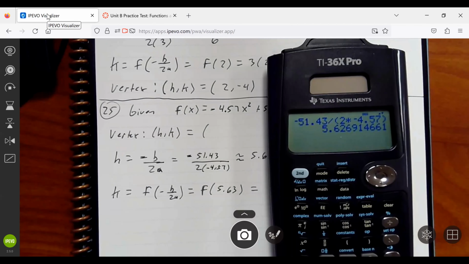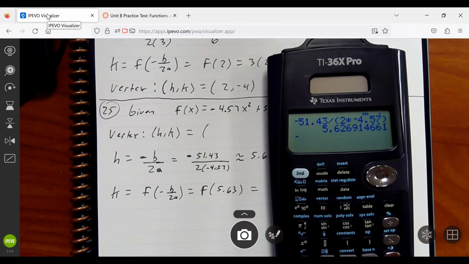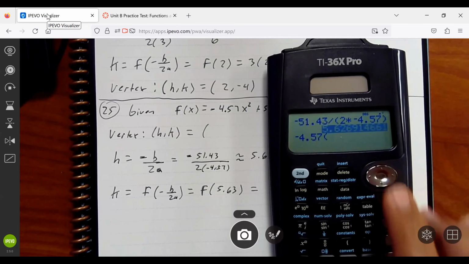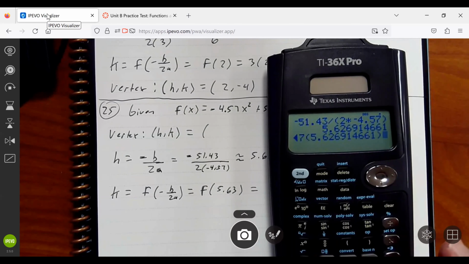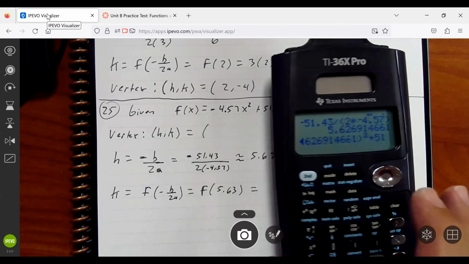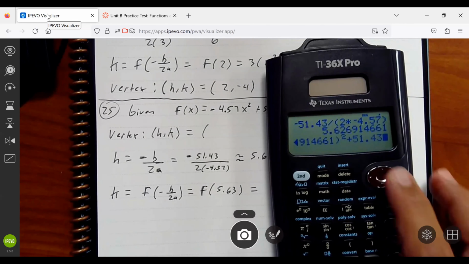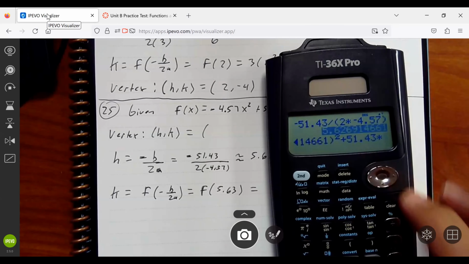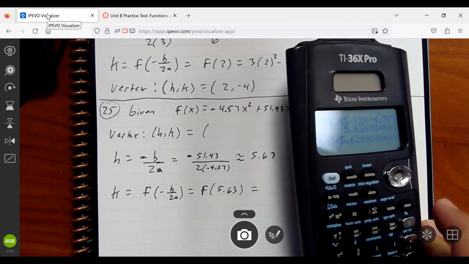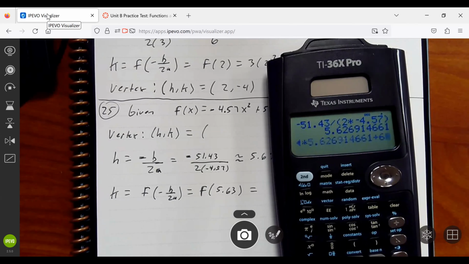Okay. So negative 4.57 times, I'm just going to go ahead and copy that whole thing. Who cares? Squared plus 51.43 times that same number plus 6.